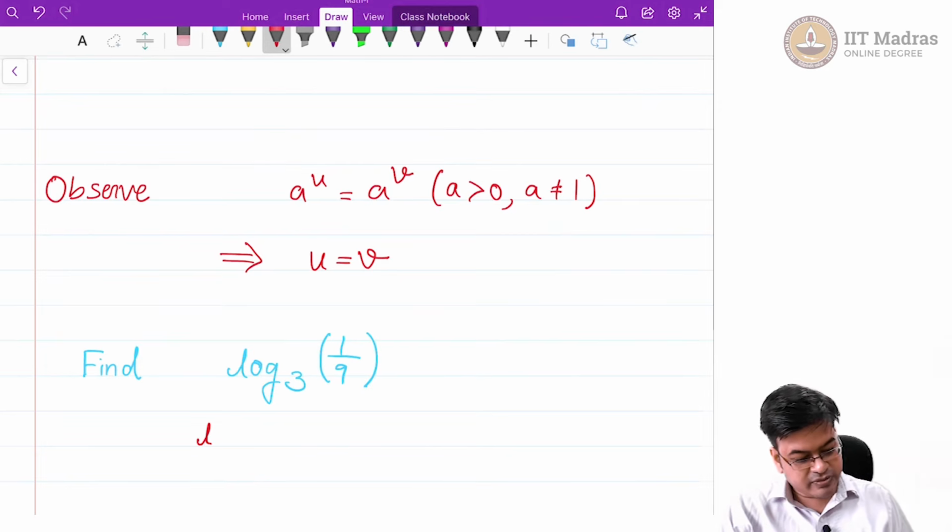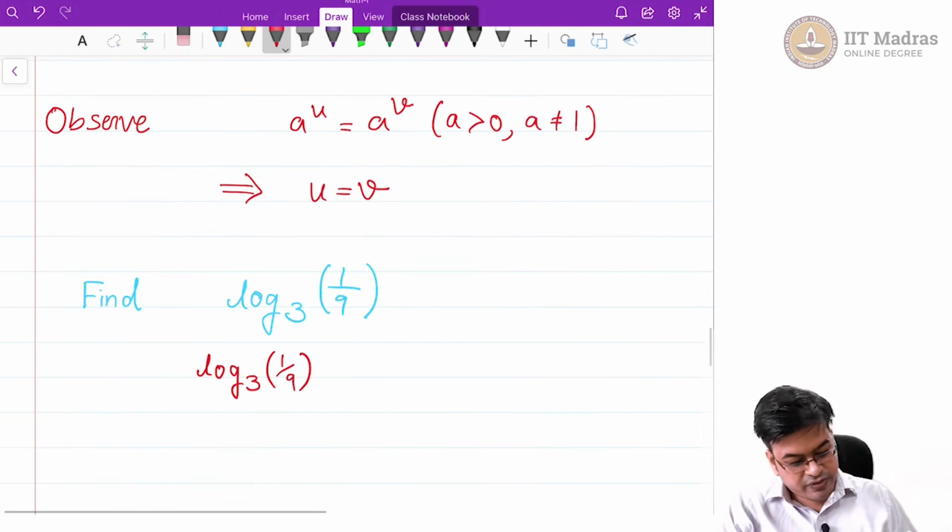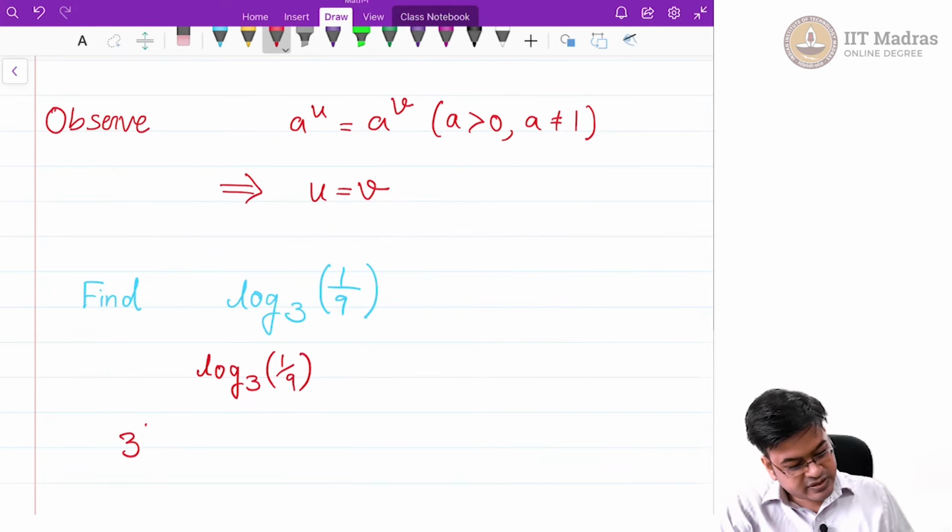You start with log to the base 3 of 1 by 9. Now you look at this 9 and 3. 3 squared gives you 9, isn't it? And that also implies 3 raised to minus 2 will give me 1 by 9.